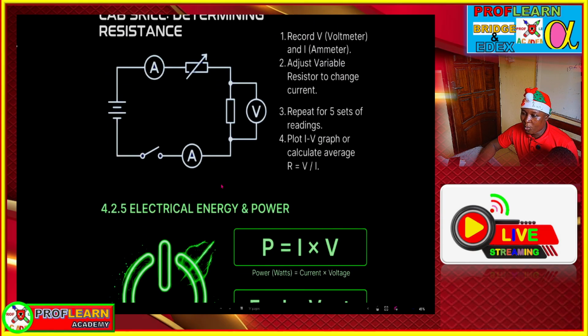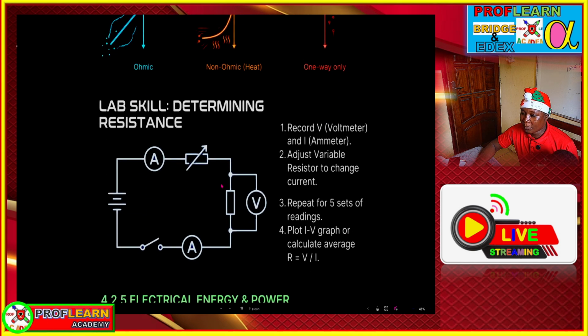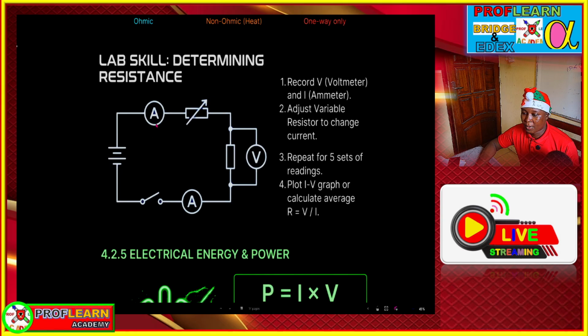And then if you want to understand Ohm's law, the experiment that can be carried out to determine resistance is an experiment that has an ammeter and a variable resistor. This is what we call a variable resistor.